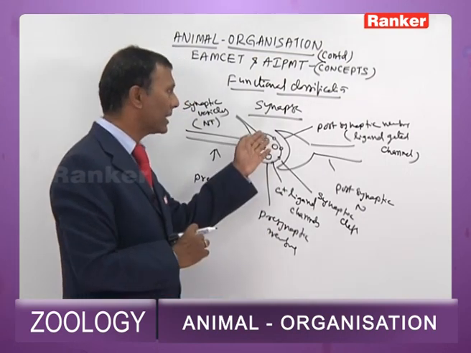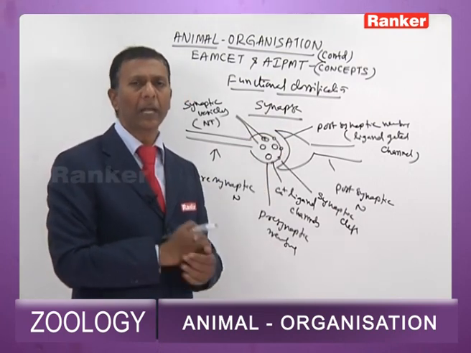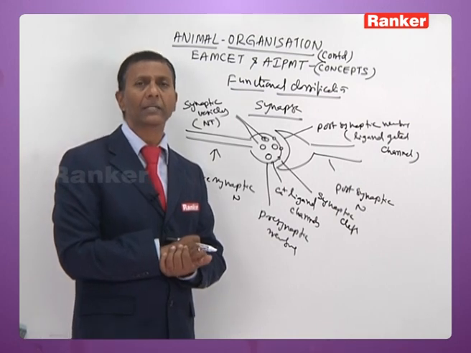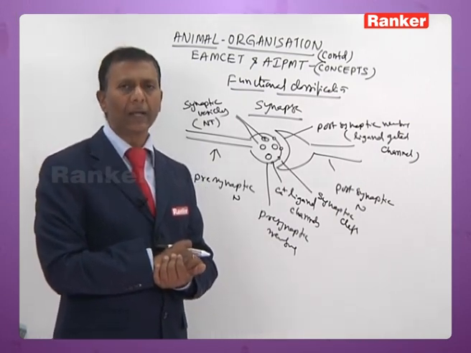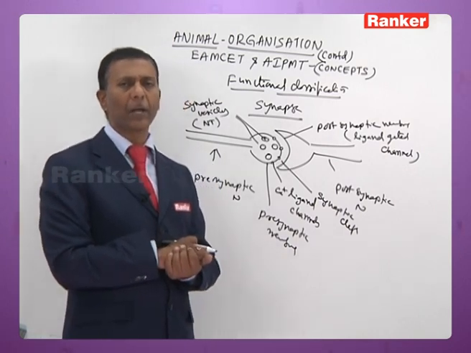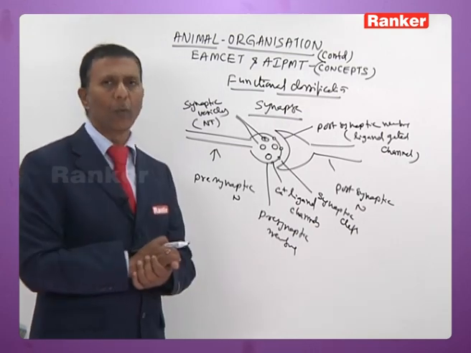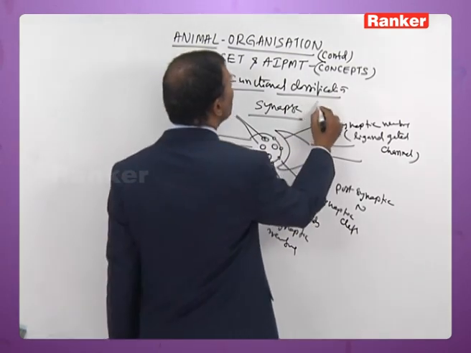So when neurotransmitter interacts with the ligand gated channels of the postsynaptic membrane, they get depolarized to facilitate conduction of impulse from presynaptic membrane to postsynaptic membrane.